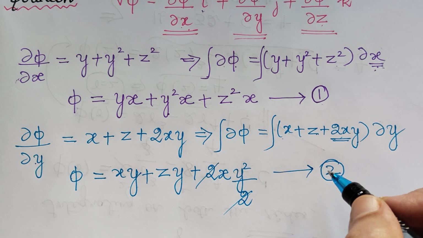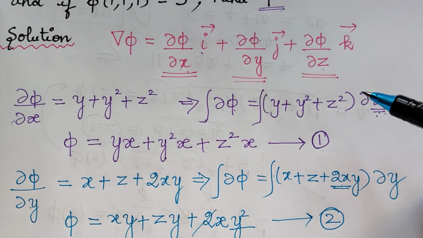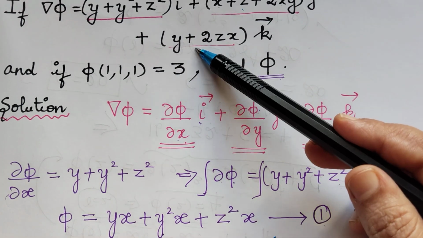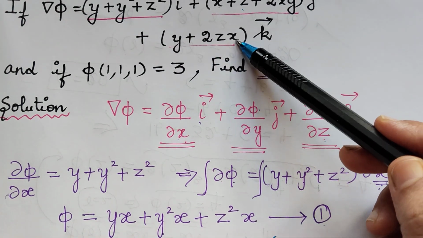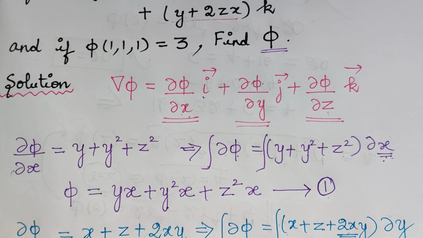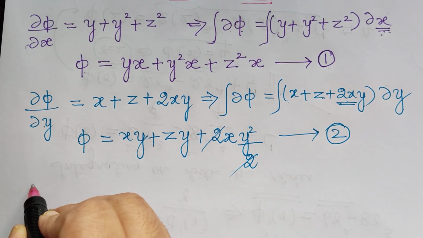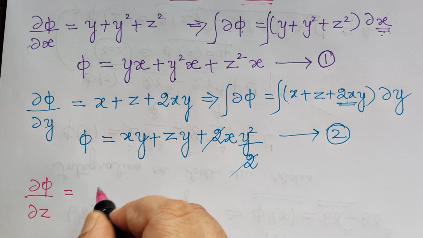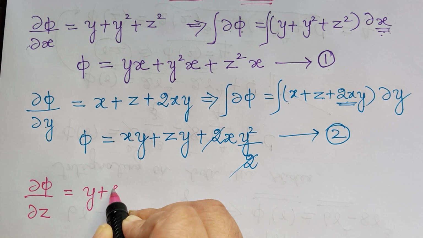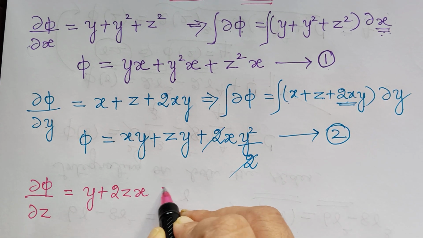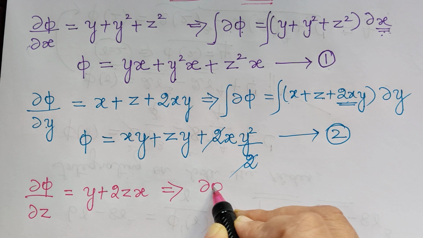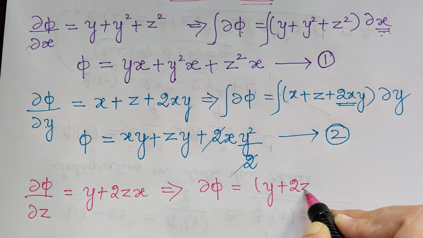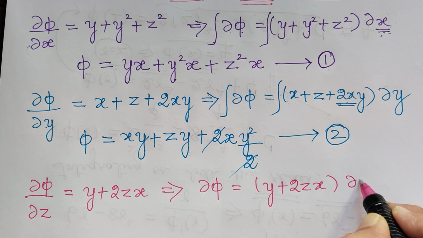In a similar way, the k component we have to compare. Dou phi by dou z will be equal to y plus 2zx. So let us write that. We have dou phi by dou z equal to y plus 2zx. Now from this we can write dou phi equal to y plus 2zx dou z.